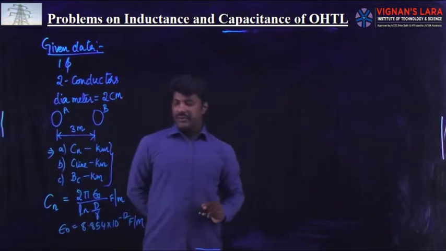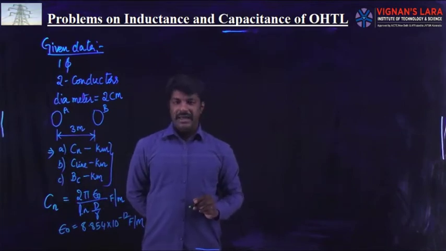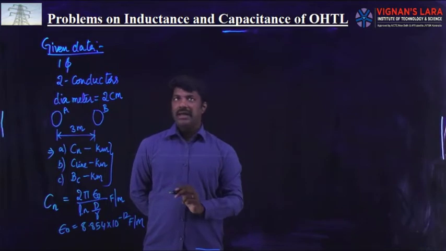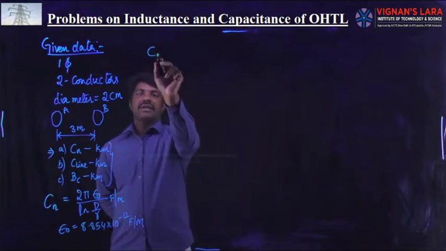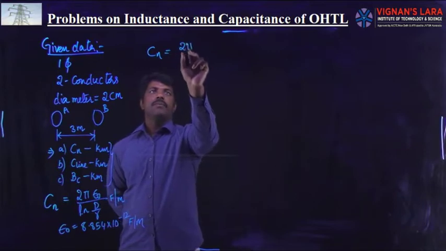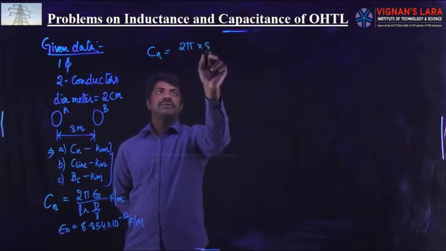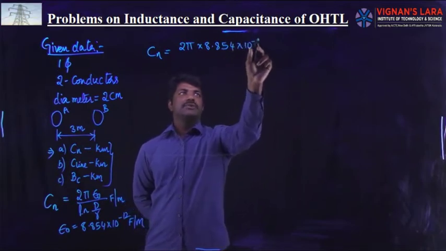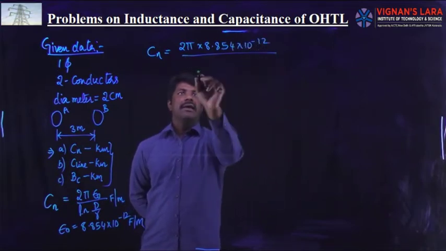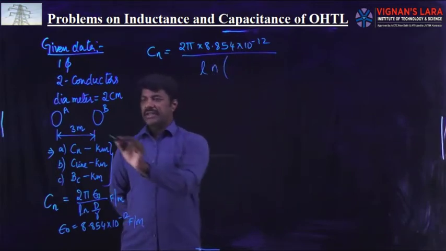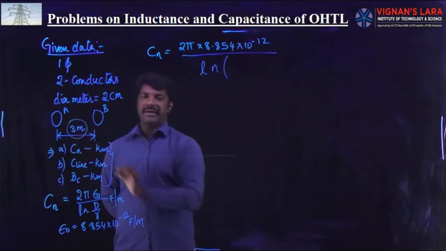Let us substitute the values of epsilon naught, the distance and the radius of the conductor in this formula, and we get the neutral capacitance Cn equal to 2 pi epsilon naught, whose value is 8.854 into 10 power minus 12, divided by ln of d by r, where d is the distance between the conductors, given in the problem as 3 meters.